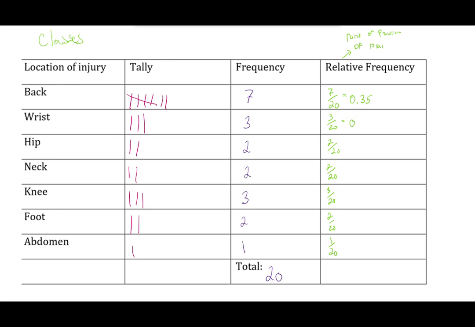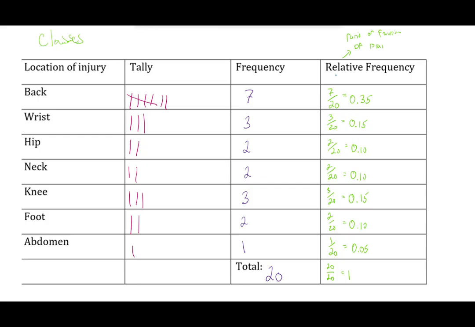This would be the same thing as 0.15, 0.10. The total here would be 20 out of 20, or 1.